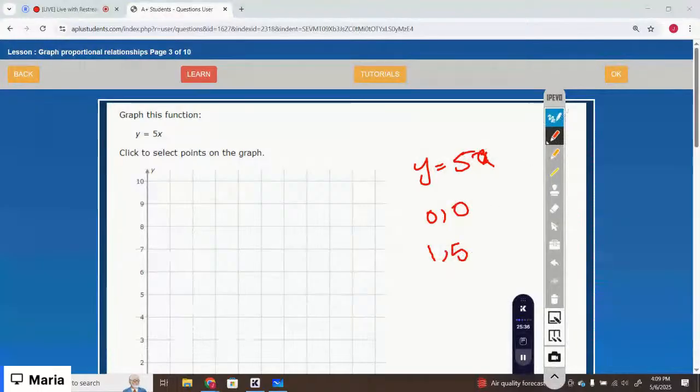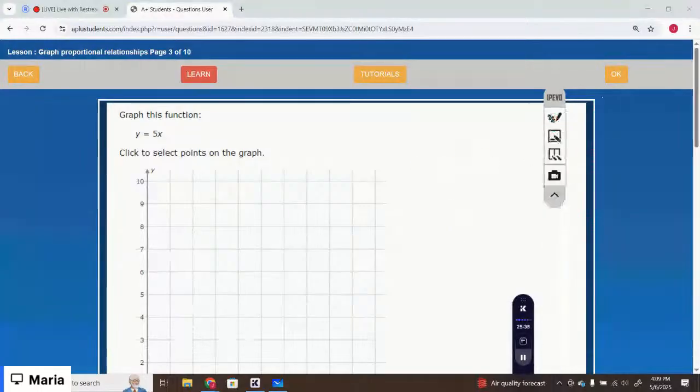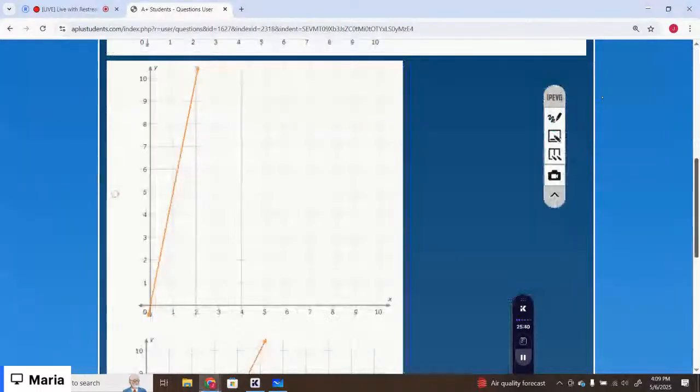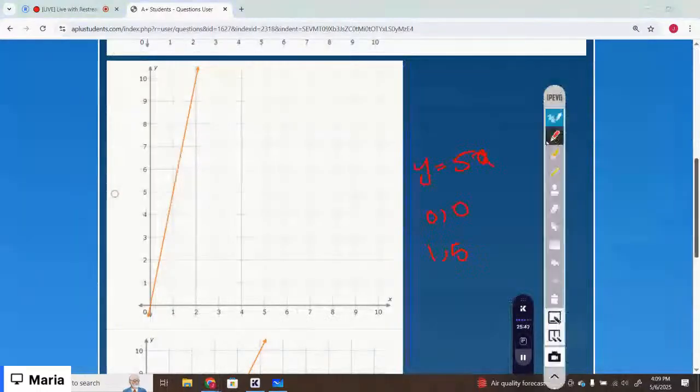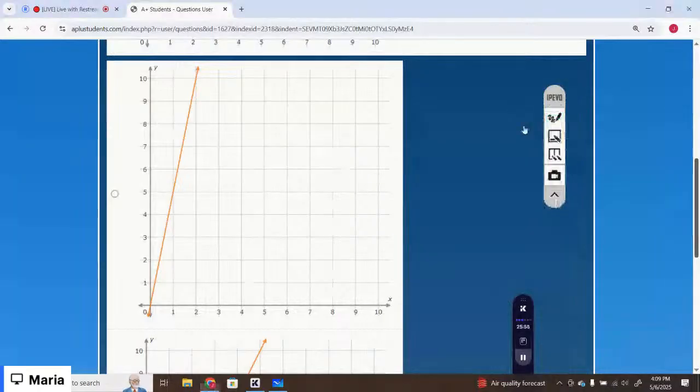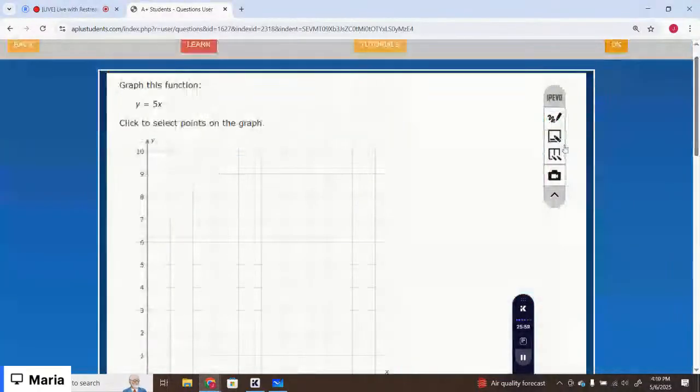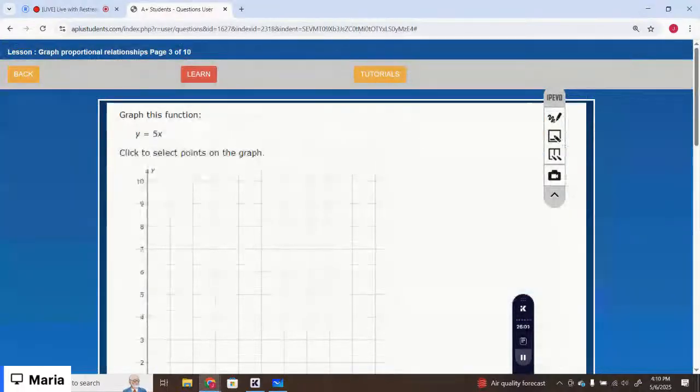When x is 1, y is 5. So let's just see which graph has these 2 points. I think that is option number 1. Option number 1 has these 2 points. Option number 1 is the correct option, that has the points (0, 0) and (1, 5).